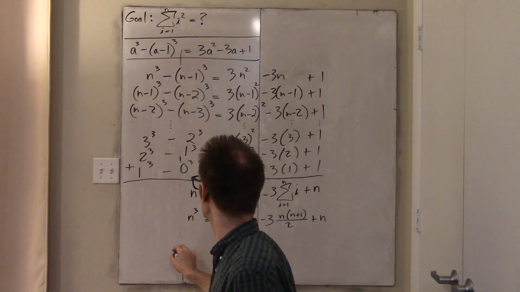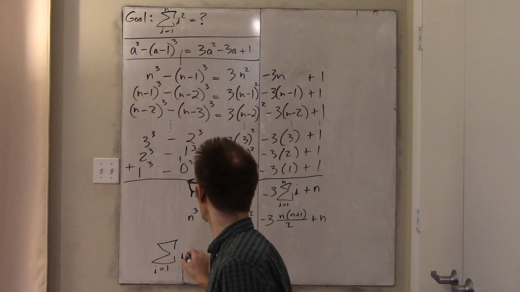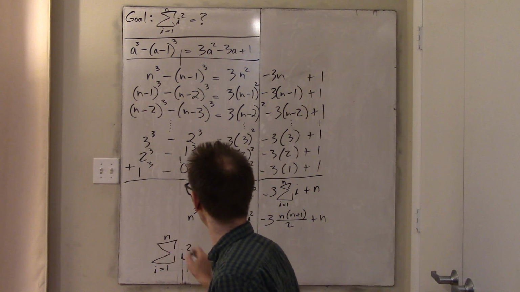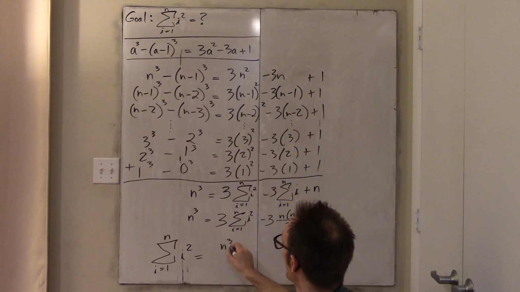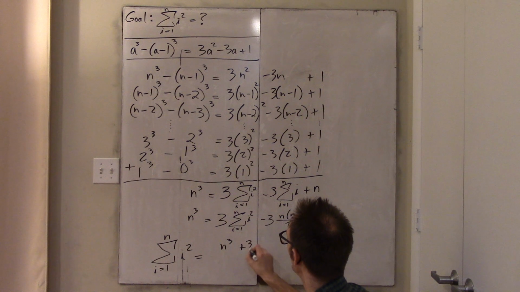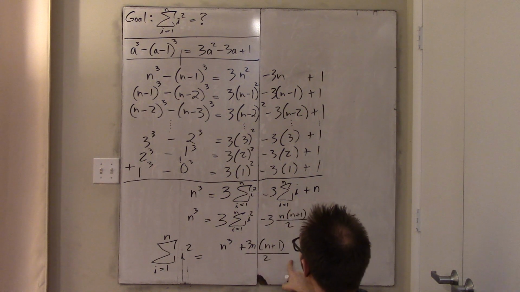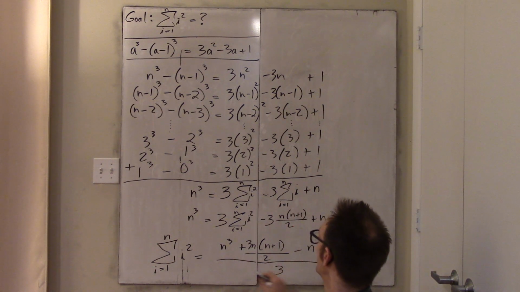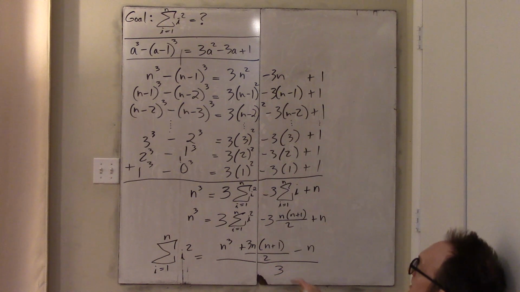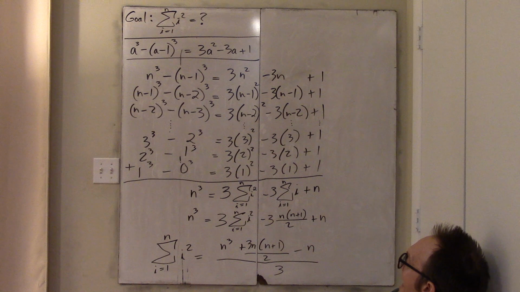I find that the formula for the sum of the squares is just a couple of lines of algebra away. What is it? It's n cubed plus 3n times n plus 1 over 2 minus n, all over 3. I just took this one and moved that over to the other side and moved that over to the other side and divided by 3.